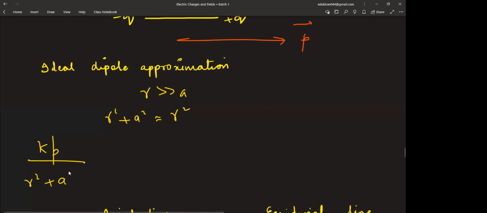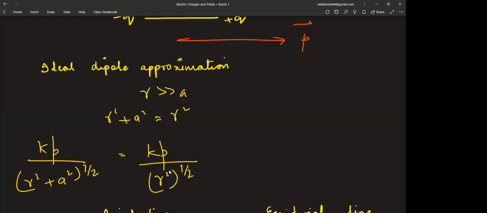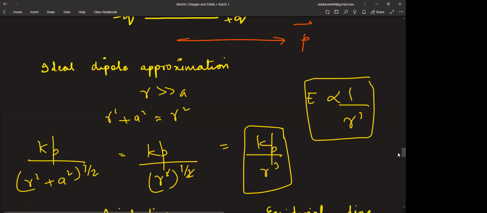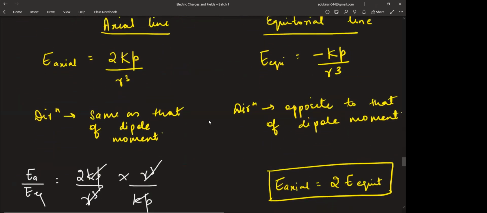This becomes R square to the power 3 by 2. Half will be cancelled. So Kp by R cube. Again, look at the variation of electric field and radius. It varies as 1 by R cube.